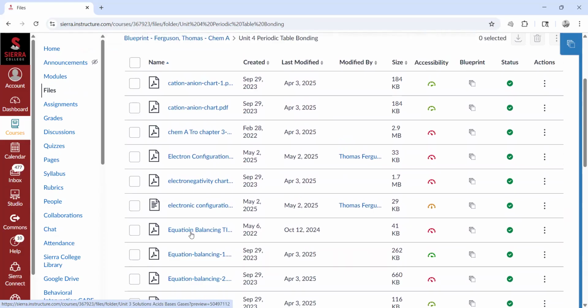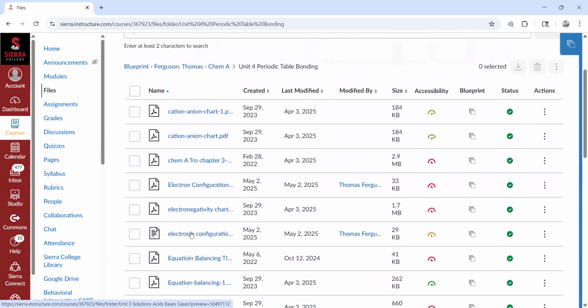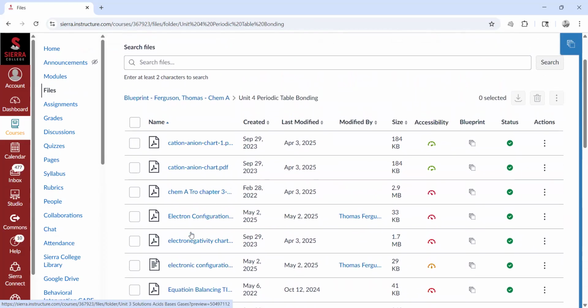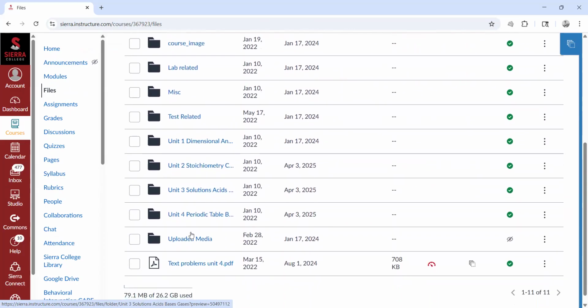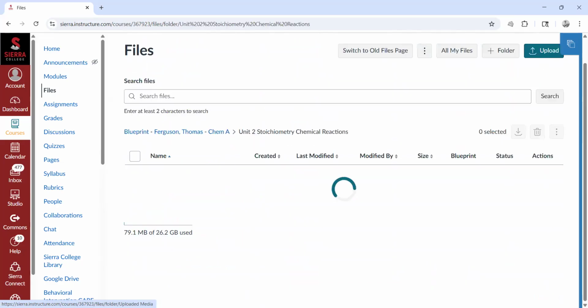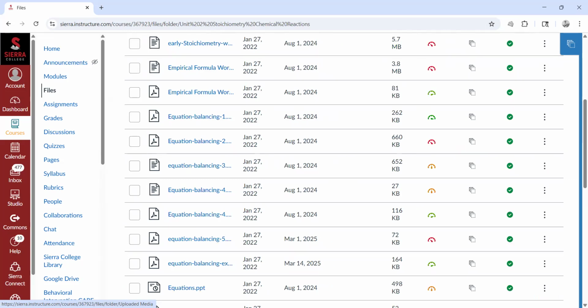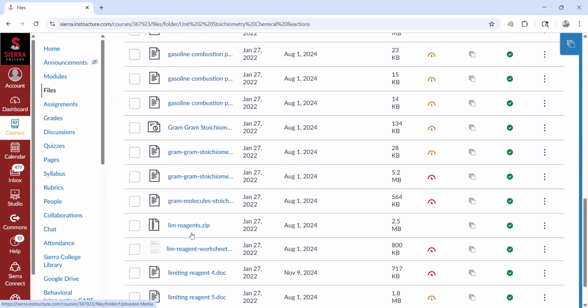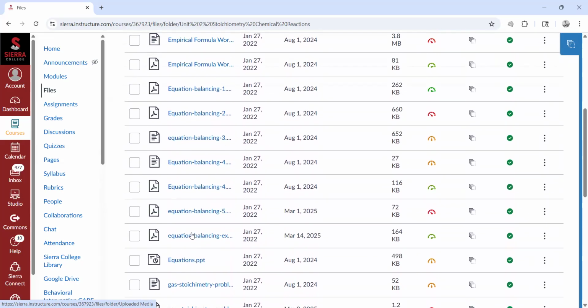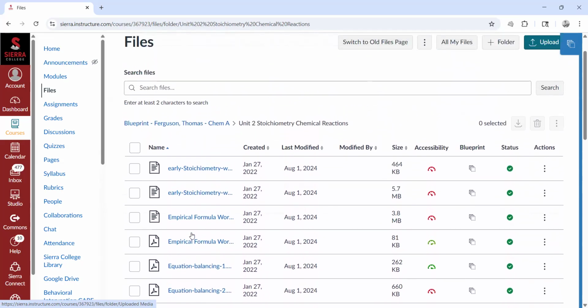I have a bunch of these. Well, I guess they're gone now. It's gonna be under unit 2 anyway.